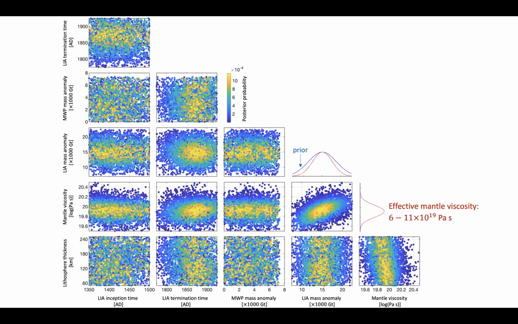But the nice thing is that we know quite a bit about the Little Ice Age mass anomaly. So we have a very well-defined prior, and with the help of that we can really pin down the associated effective mantle viscosity, and we find that it is on the order of 6 to 11 times 10 to the 19 pascal seconds.